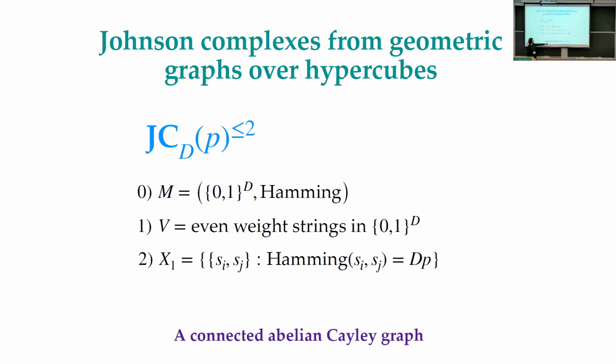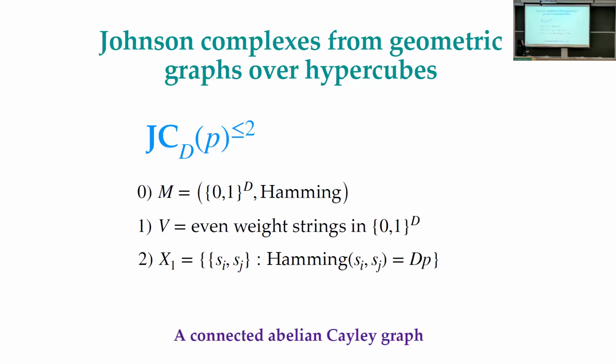It's an Abelian Cayley graph because the underlying group is the even strings in {0,1}^d. That's an Abelian group, closed under addition. And we have a bunch of generators, which are essentially all the strings of weight d times p in this group.